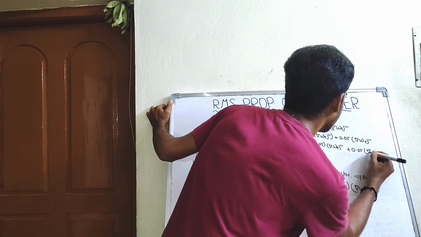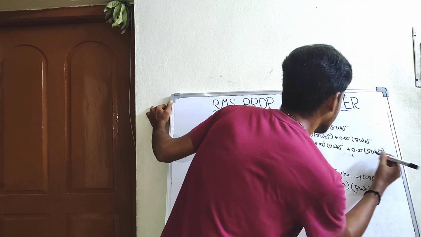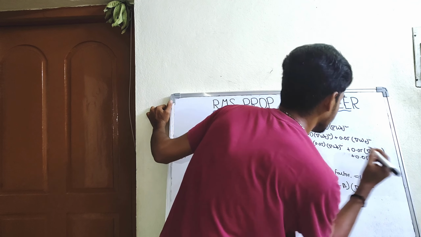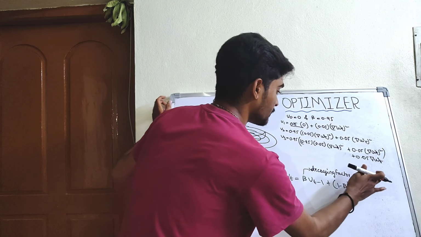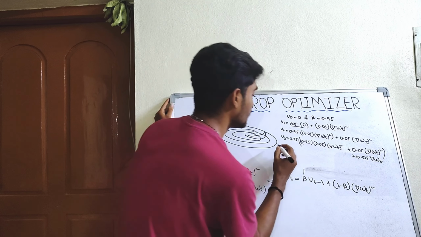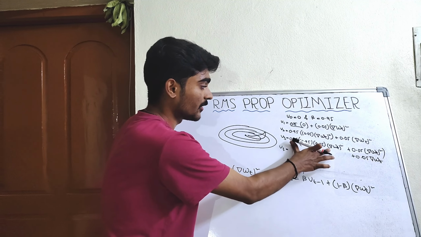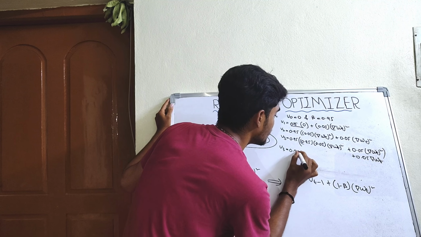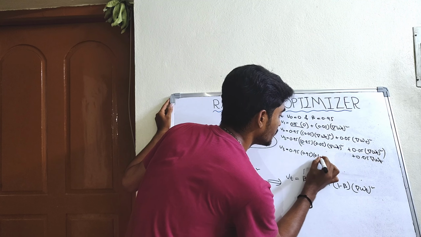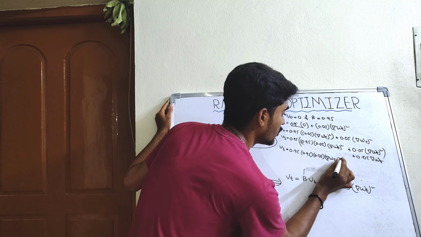Let me just expand so that you have better clarity. This V3 is, first, the entire first term, that is 0.95 into 0.05 into delta Wt whole square.